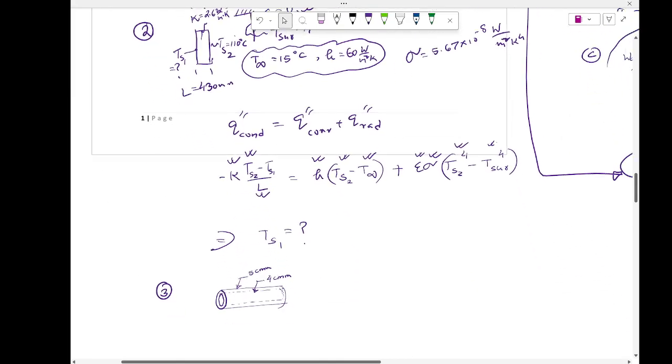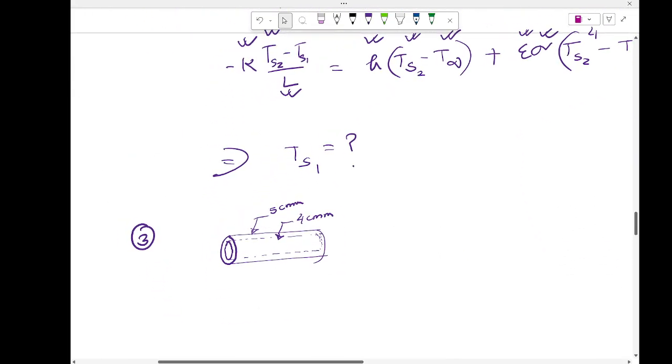So let me write those down. They said the thermal conductivity here, K. What is the K value they said? 1.5, watt per meter Kelvin. What is the inner and outer surface temperature they said?